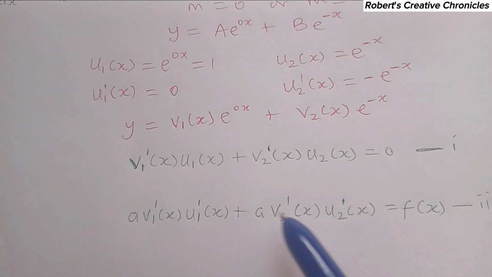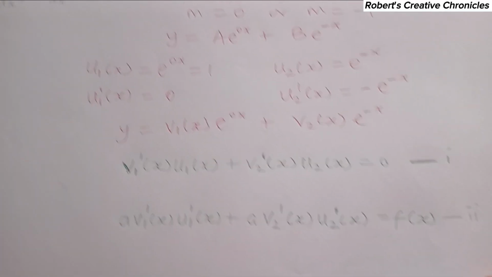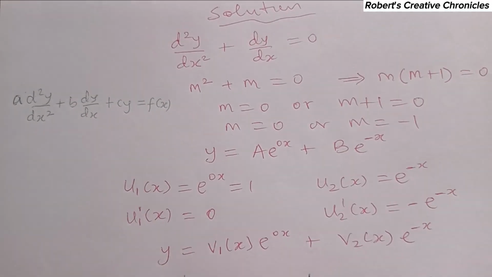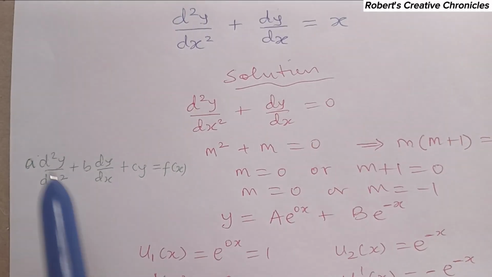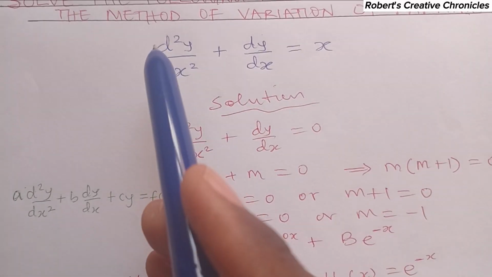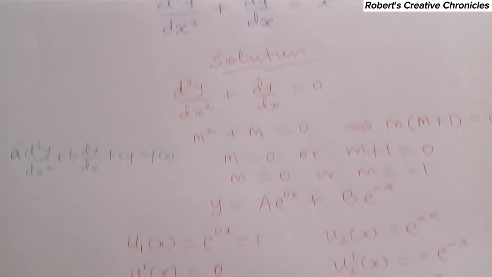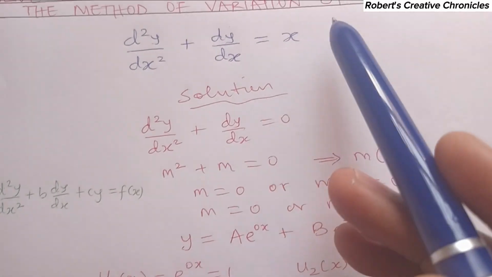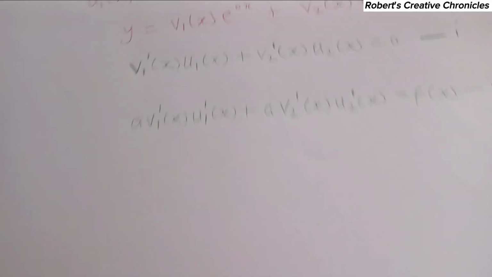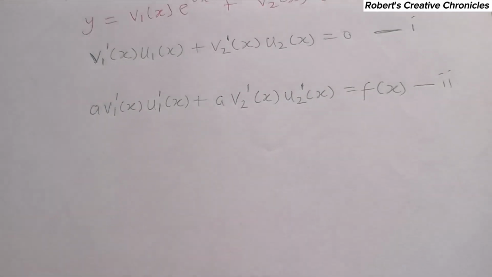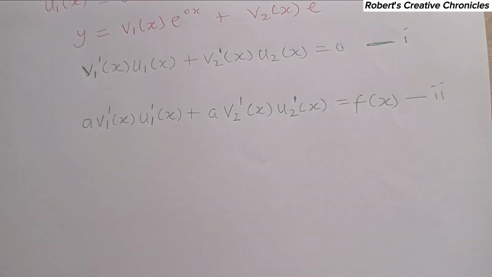You know that here is a and a. From the general form of this equation, a is the coefficient of d squared y over dx squared, and here it is 1. So there is 1, and f of x now is x. f of x here is x, f of x here is x.